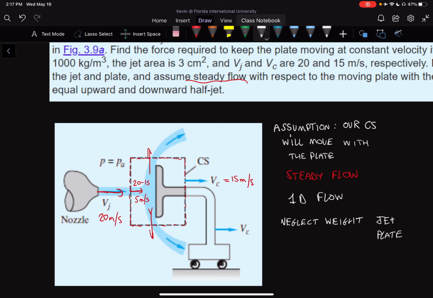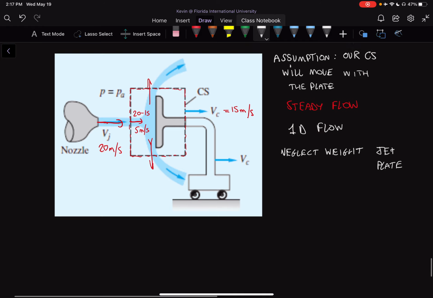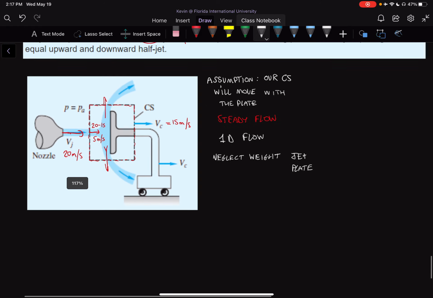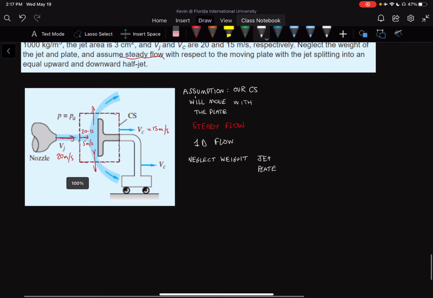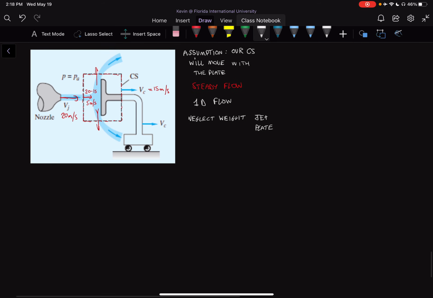Now we're going to draw a free body diagram of what is happening inside the control surface. I'm going to zoom out again to 100%, just so the nodes stay at the same size. We're going to keep our diagram there, but zoom in to our control surface.